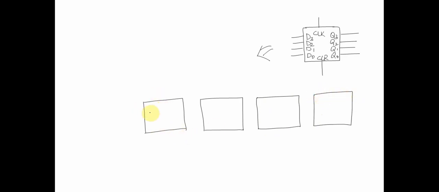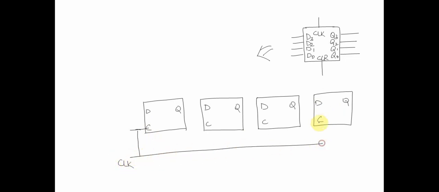Each of these has D, C, and the output Q. Each C is connected to the same clock, and let's assume these are positive edge triggered D flip-flops. We have inputs D3, D2, D1, and D0.